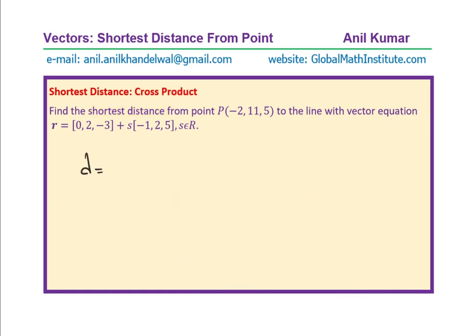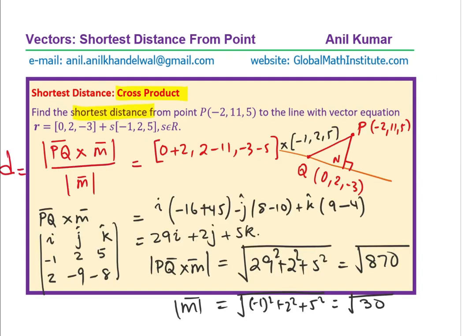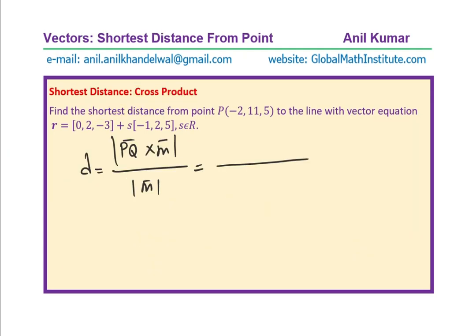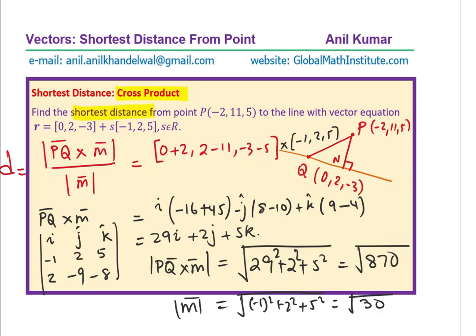As we said, distance is the magnitude of the cross product of PQ with M, divided by the magnitude of M. And we found that PQ cross M is the square root of 870, and this is the square root of 30.